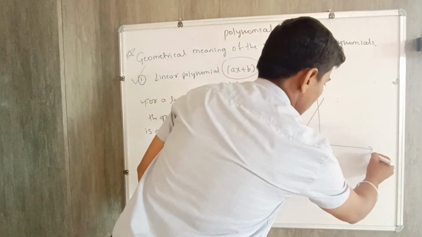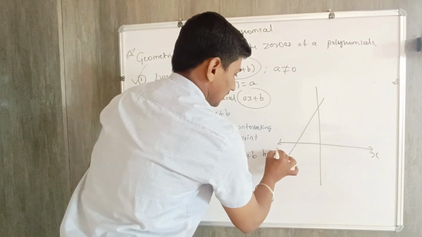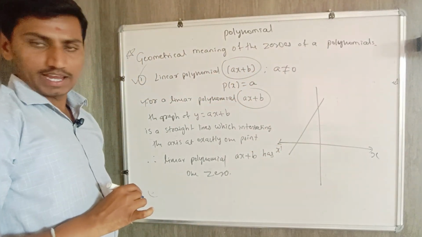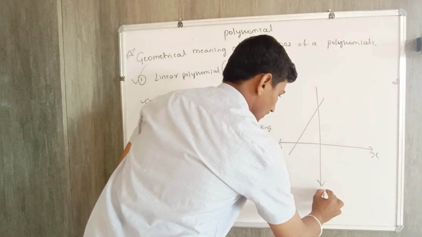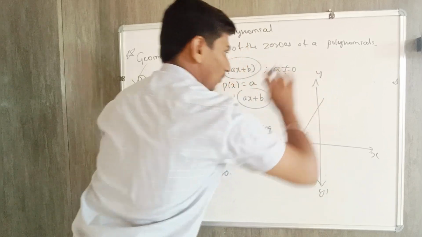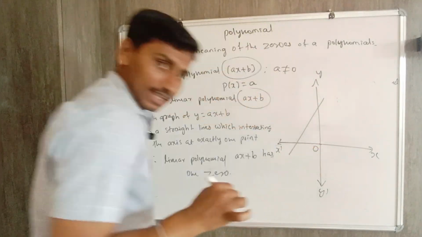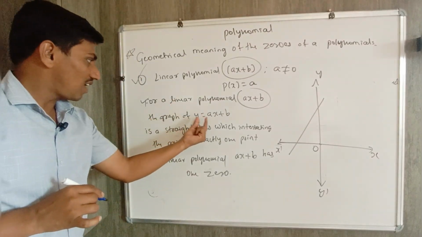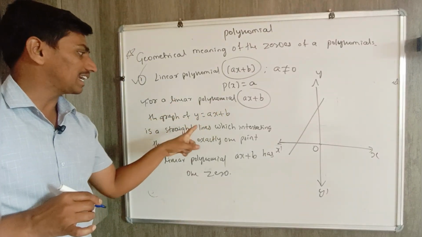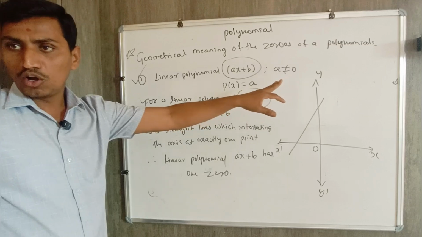This is the x-axis, and this is x dash. And this is y dash, this is the y-axis. And this one is the origin. The graph of y equal to ax plus b is a straight line in a linear polynomial.